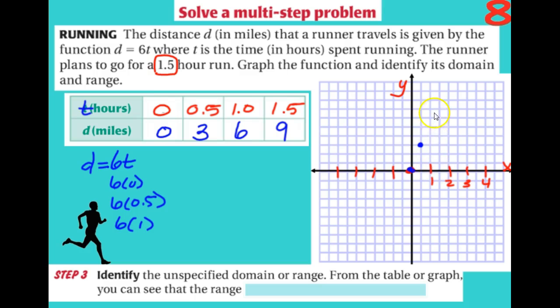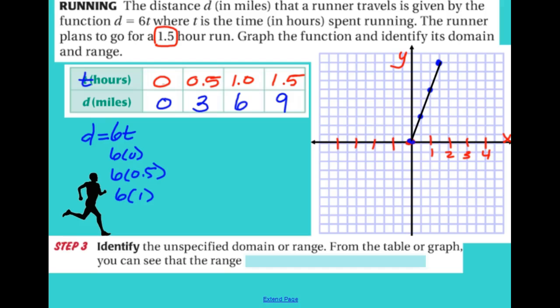Then at 1, we're up 6. And then at 1.5, we're up 9. So this one we can't put an arrow on because they say they're only going for up to 1.5 hours. So this is our answer right here. There's no arrows. That's called a line segment.